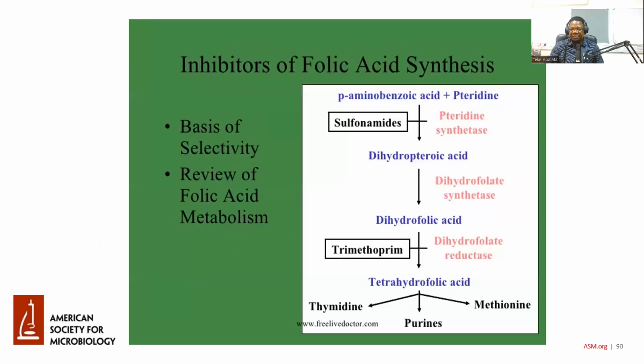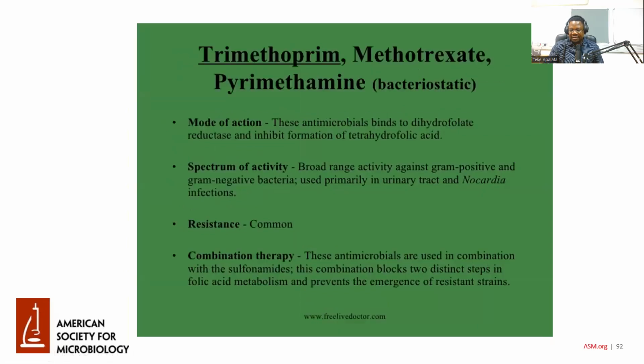They prevent the formation when they act here. They actually prevent the formation of dihydrofolic acid. That is still a precursor of folic acid, but it's not directly folic acid.